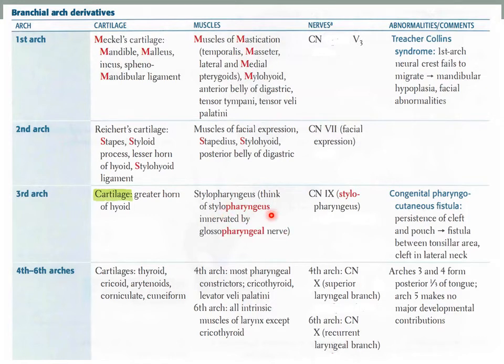So this is the third arch, and it's supplied by the glossopharyngeal nerve. The abnormality related to the third arch is a congenital pharyngocutaneous fistula, persistence of cleft and pouch, resulting in a fistula between the tonsillar area cleft and the lateral neck.